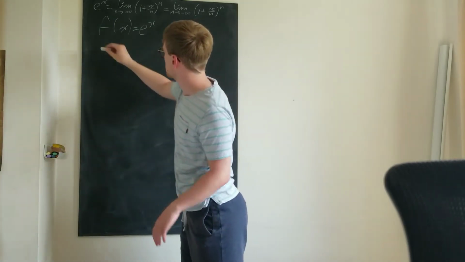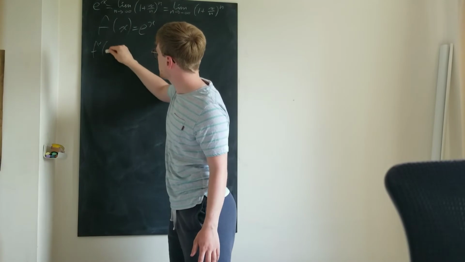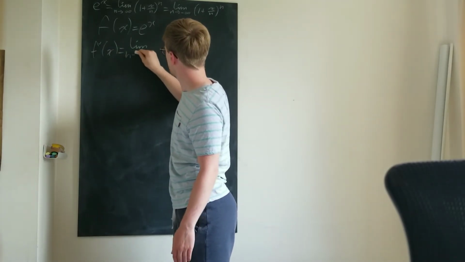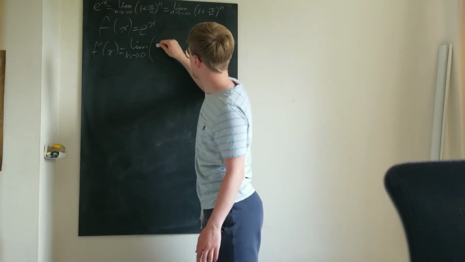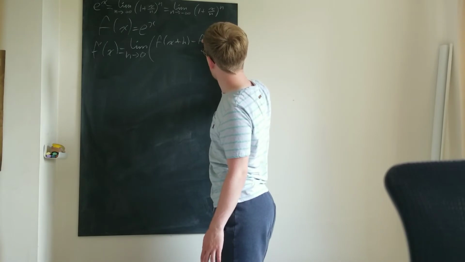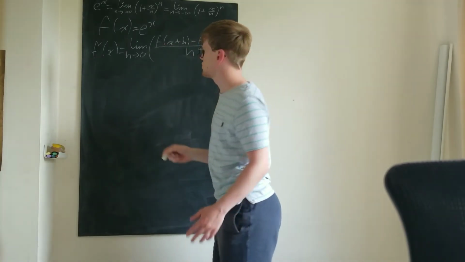And the definition of the derivative is that for a function f of x, the derivative f dash of x is equal to limit as h approaches 0 of f of x plus h minus f of x divided by h.